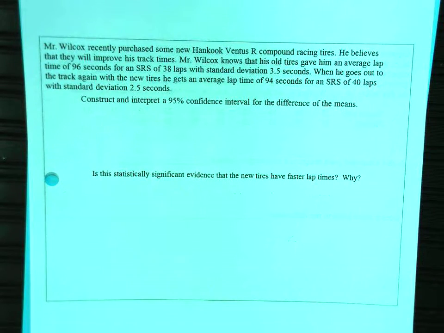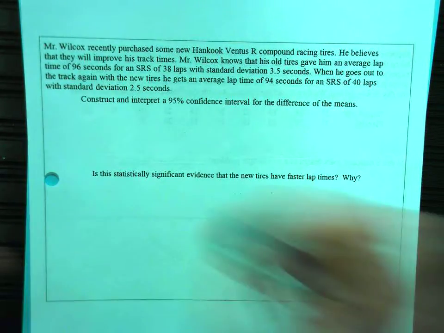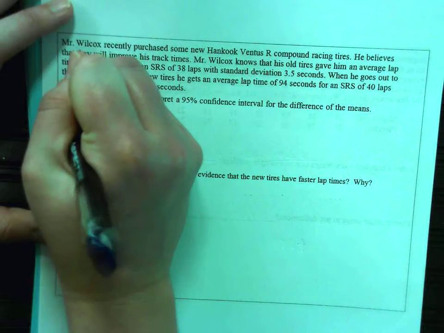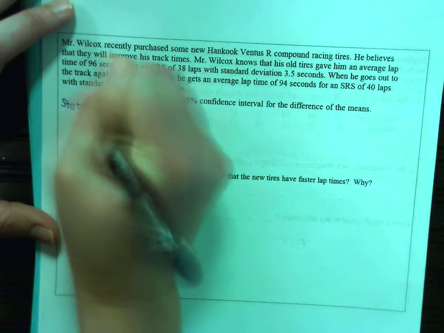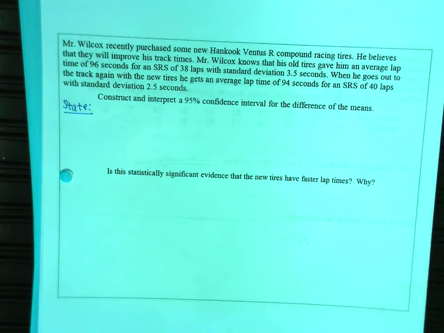How about we skip state and plan, and just do it. What do you need to plan? Here, we'll just kind of abbreviate. State, what should you state in your state part? The first sentence of what you want to estimate.